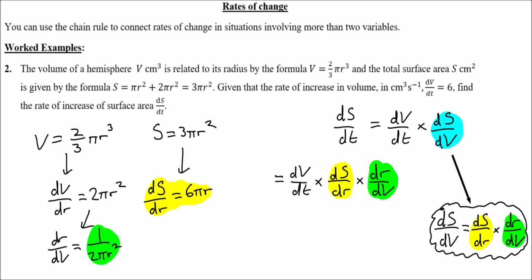And dV by dt, before we forget, was actually given to us in the question as simply 6. So just put these values in and take a little bit of care. That's going to give us 6 multiplied by 6 pi r multiplied by dr by dV, which is 1 over 2 pi r squared.